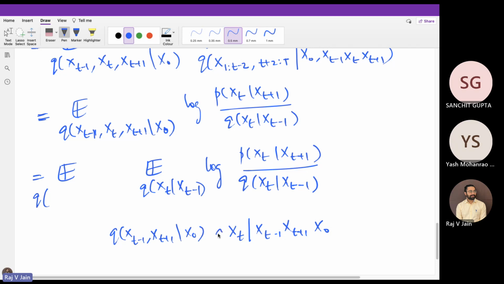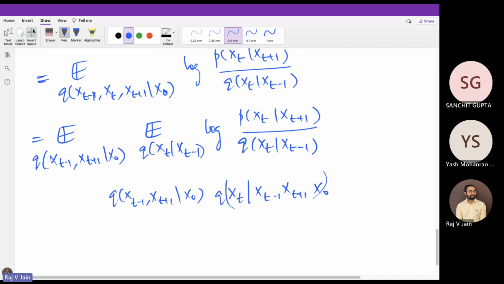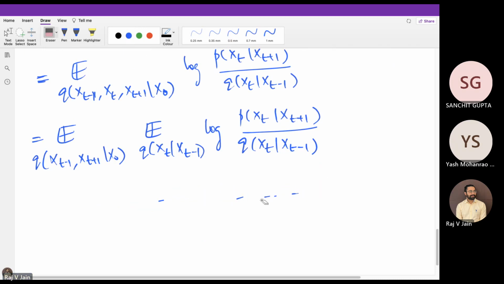So a given a into b given a, you'll get a b, correct. This is xt minus 1 comma xt plus 1 given x naught, right? Okay, now this should be reminiscent of something.